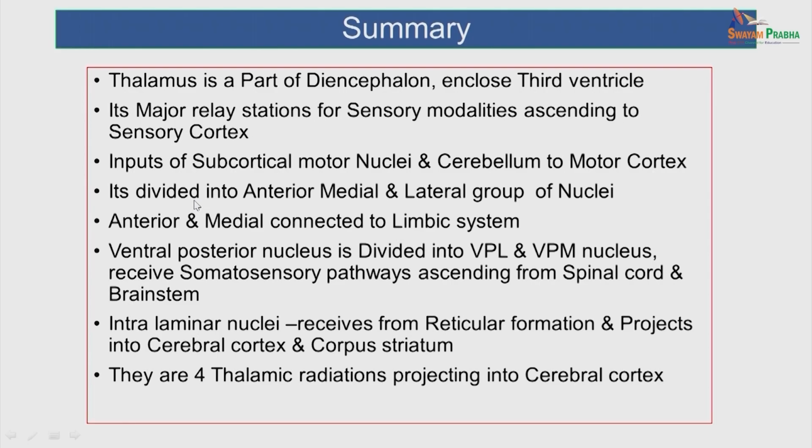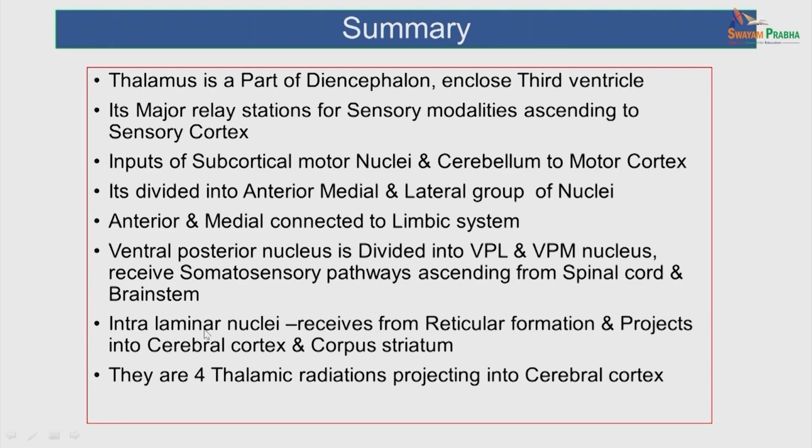It is divided into anterior, medial and lateral group nuclei. The anterior and medial group nuclei become a part of the limbic system. The ventral group is divided into VPL and VPM nuclei because it receives the specific somatosensory pathway from the spinal cord and brainstem.